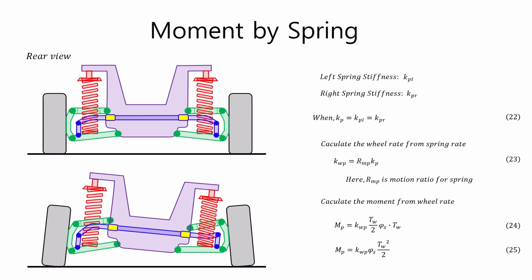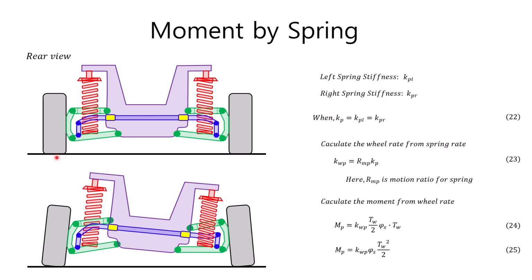Let's calculate the moment due to the spring. In general passenger cars, what is important in vehicle dynamics is the force acting on the tire road contact area. When suspension components, such as springs, anti-roll bars, and dampers work, the forces generated by them occur at the locations where these suspension components are mounted, and these forces are ultimately transmitted to the contact surface between the road and the tire.